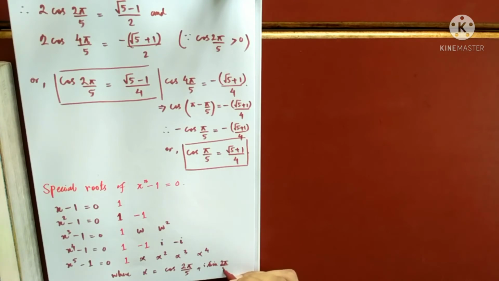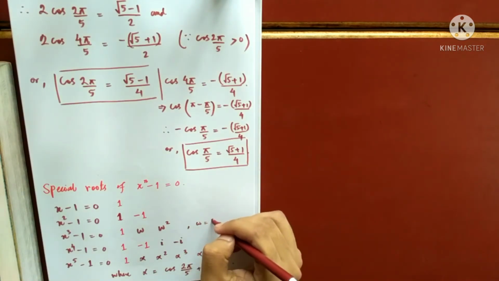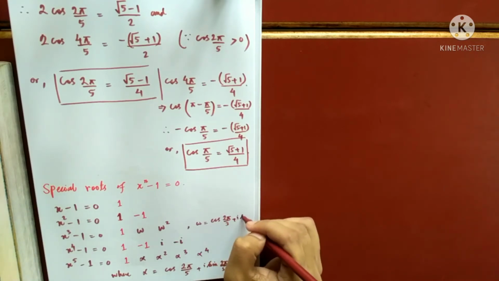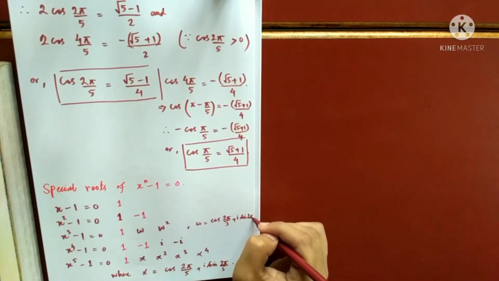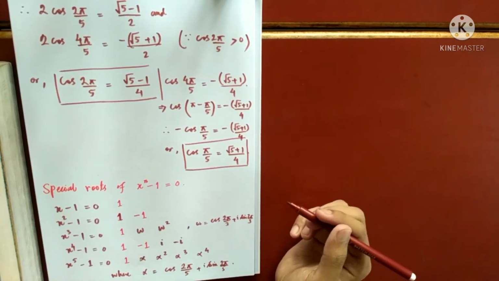So k I am taking out as power and hence these are the roots. So we know this. What is omega? Omega equals cos of 2 pi by 3 plus I sine 2 pi by 3. So we know how to solve a binomial equation now.